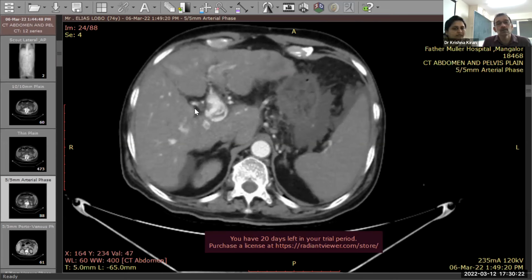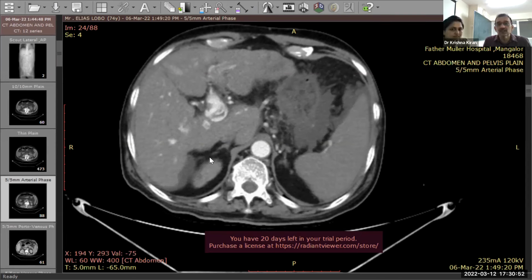The third line represents the diameter of the right lobe, and the distance between the first line and the second line gives us the diameter of the caudate. On dividing the caudate lobe diameter by the right lobe, we get the caudate lobe to right lobe ratio. If it is more than 0.6 or 0.7, then we consider that there is hypertrophy of the caudate lobe, indicative of chronic disease.